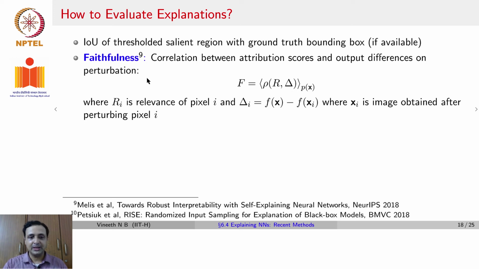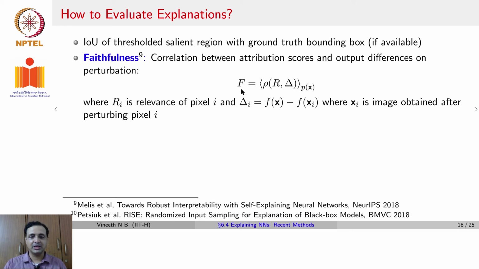So we are trying to see if you perturb an input and you see an output change, then if you see a significant output change, then the attribution of that input should also be high because that affected the output significantly. So the correlation between the attribution score and the output differences on perturbation should ideally be high.